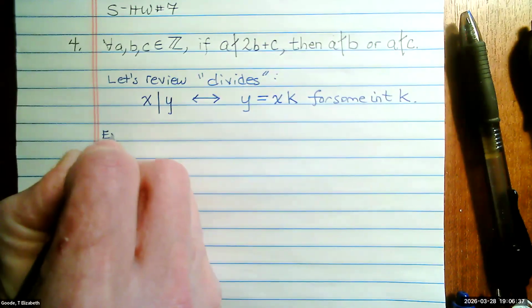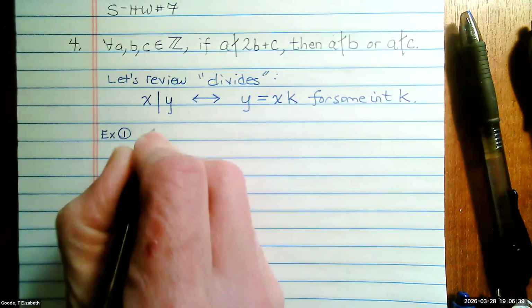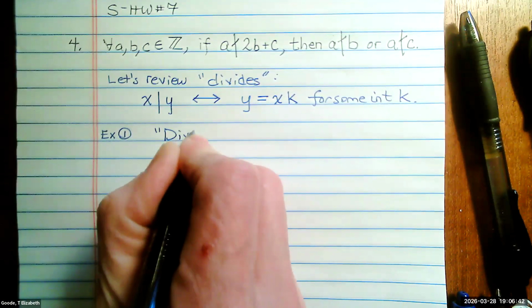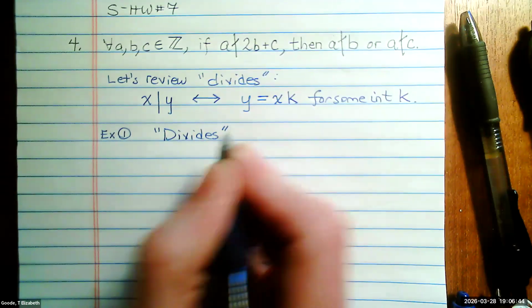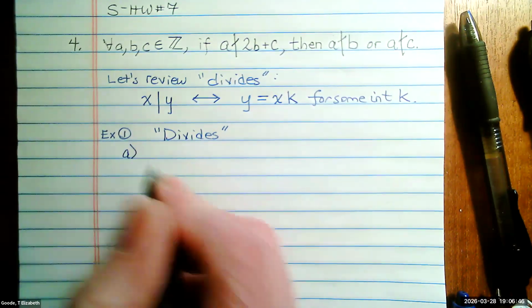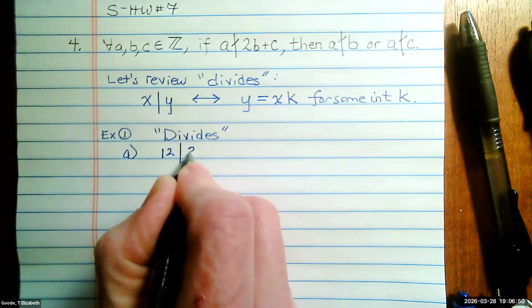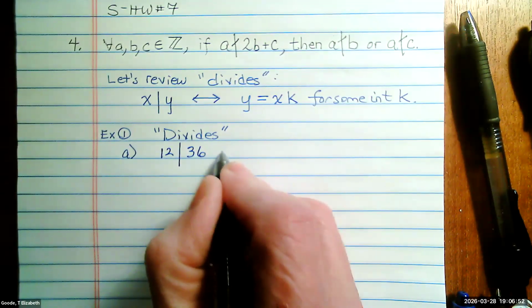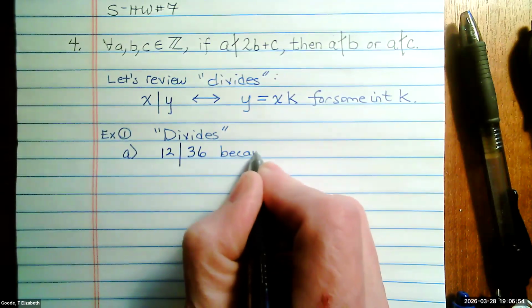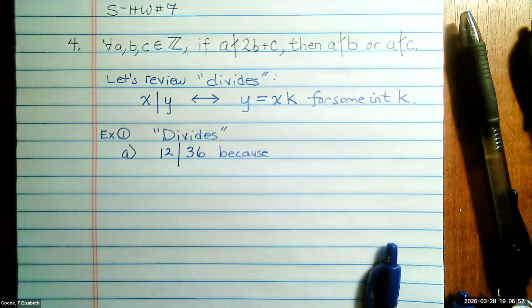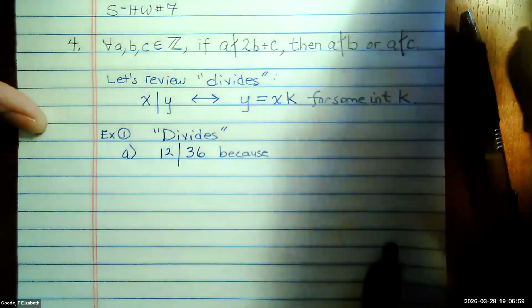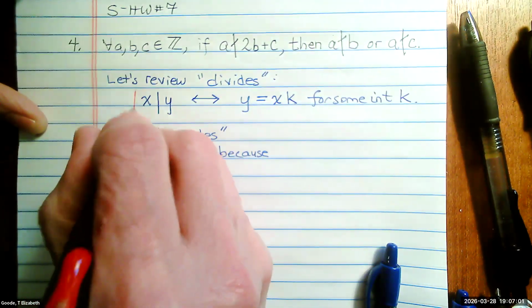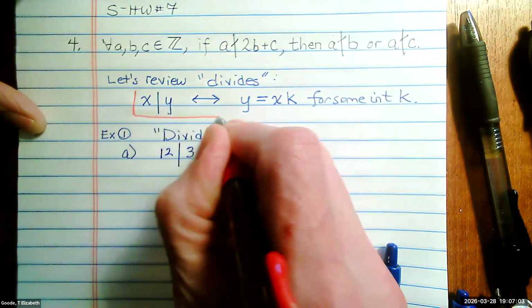So some examples. Let's look at some examples where divides is true. 12 divides 36 because, here's our definition. I'll put a box around it, and it's got two parts.